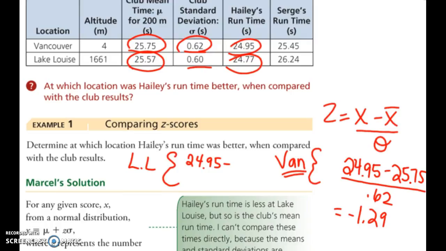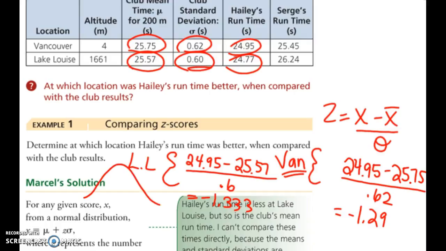The club time was 25.57, so that was the average, and the standard deviation was 0.6. So if we go 24.95, subtract 25.57, divide by 0.6, you'll get negative 1.333. So the negative is representing that she was lower than the average time, so she was better than the time set by her club.